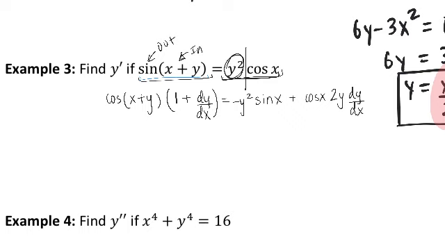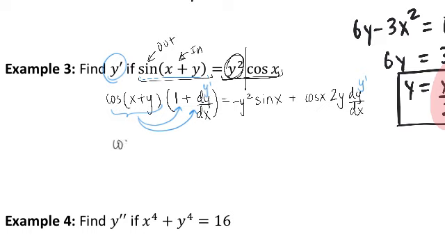Be careful now to distribute this properly. It's cosine x plus y times 1 and cosine x plus y times dy dx. So my goal is to put all the dy dx terms on the left. So, or y prime, question said y prime, so maybe I'll just call these guys y prime. And so we want all the y prime terms on the left.